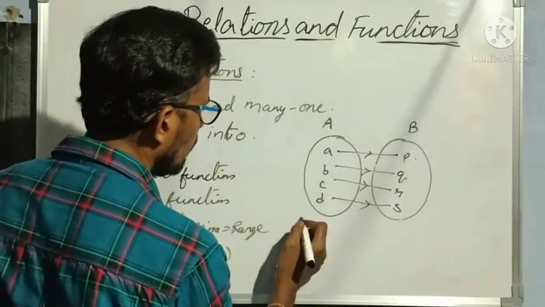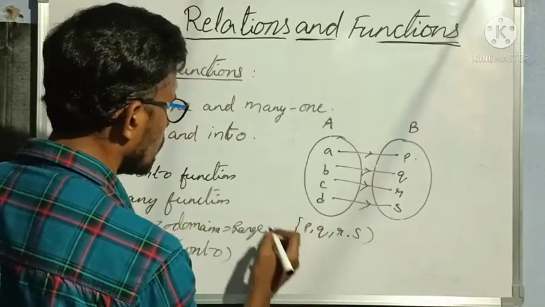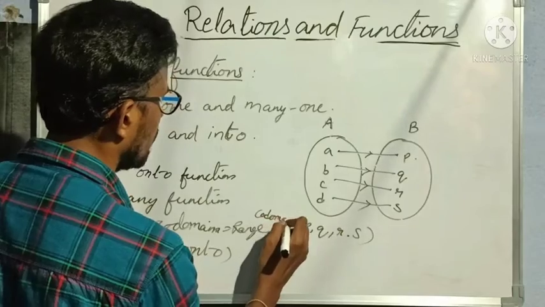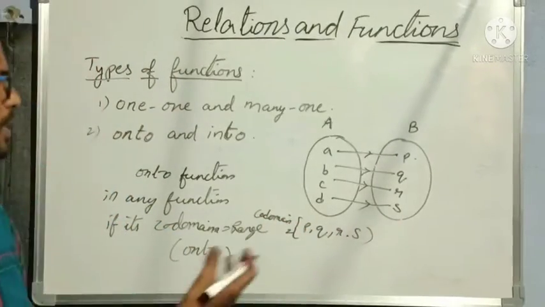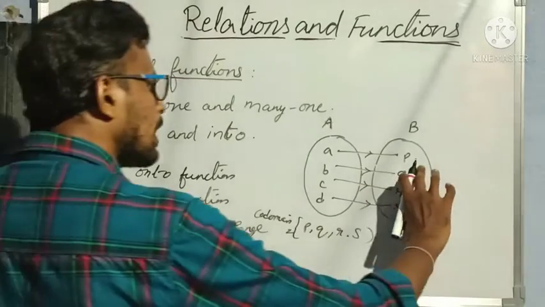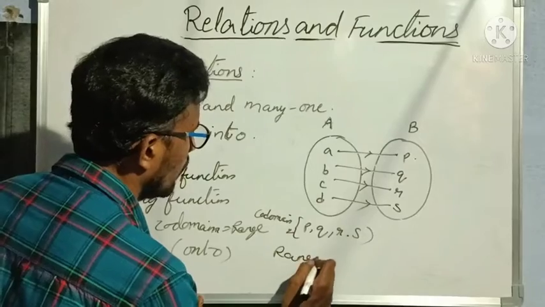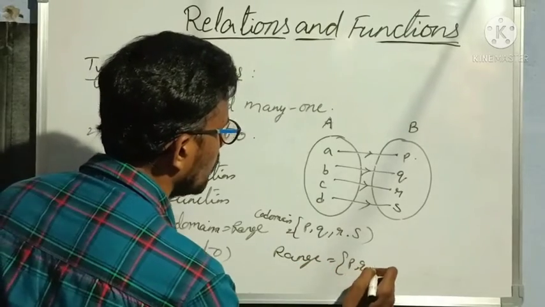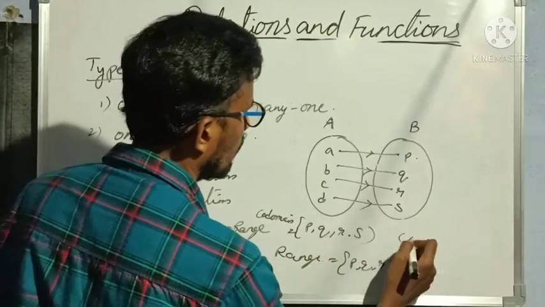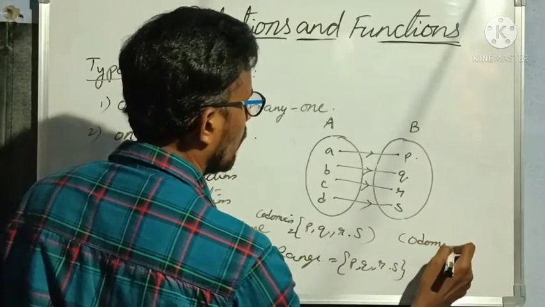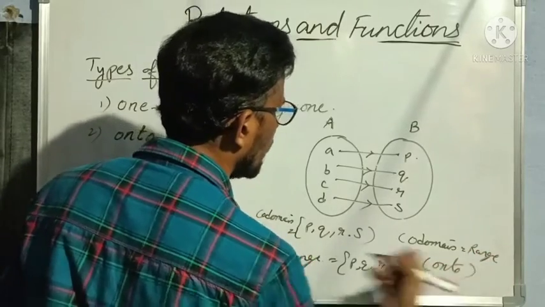I said the complete set P, Q, R, S. So the codomain of this is P, Q, R, S. What is the range? The range is also P, Q, R, S, because every element is mapped here. So the range is equal to P, Q, R, S. If codomain is equal to range, then such a function is an onto function.